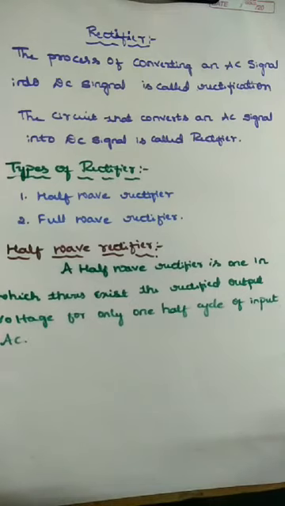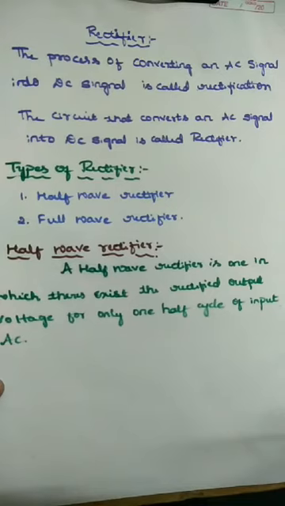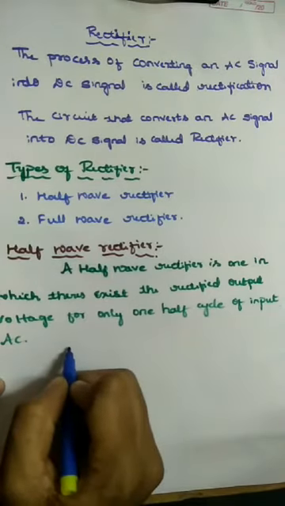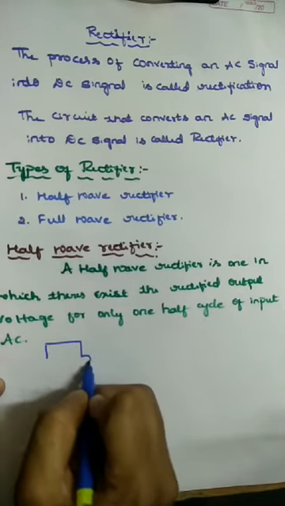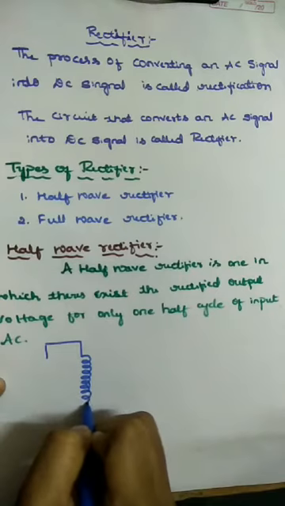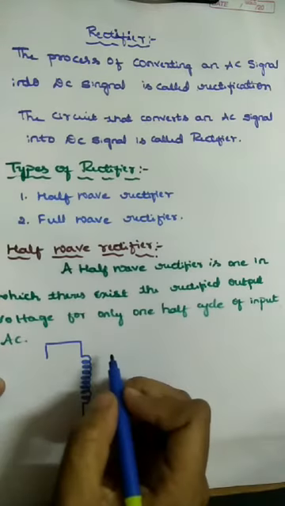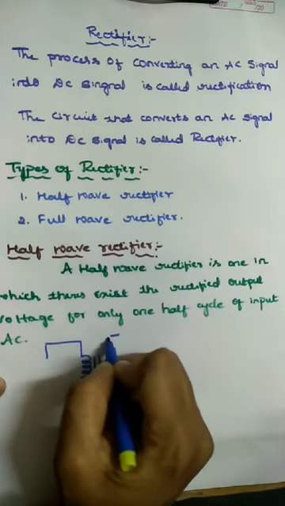Now let us see the circuit diagram of the half wave rectifier using a single junction diode. Always remember, this is the transformer, with the primary containing more turns as compared to the secondary.